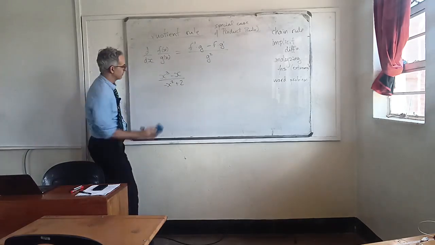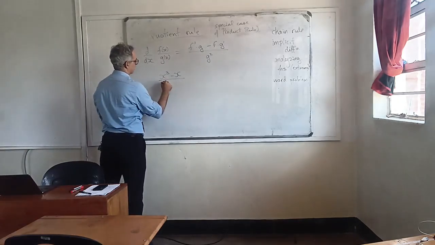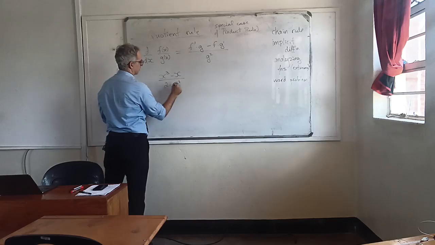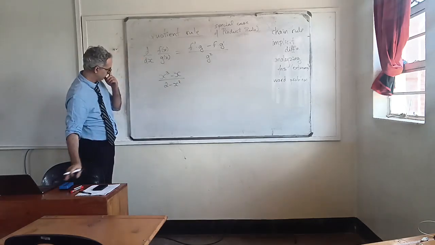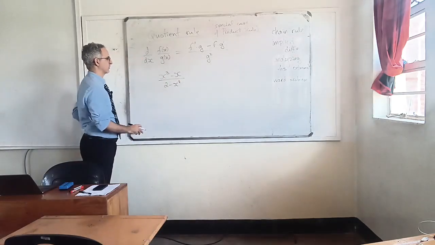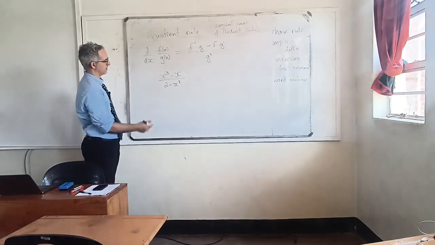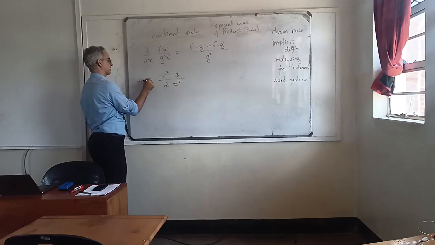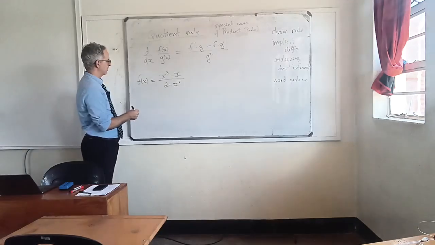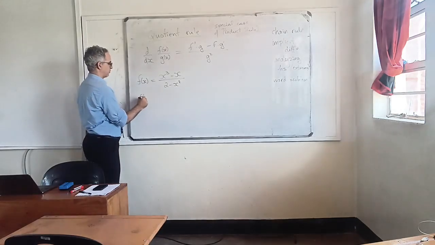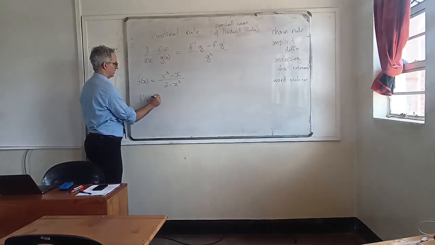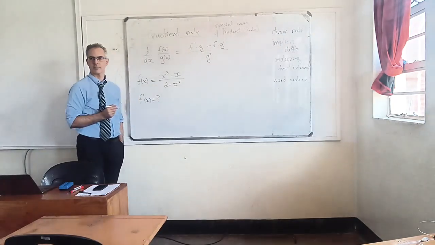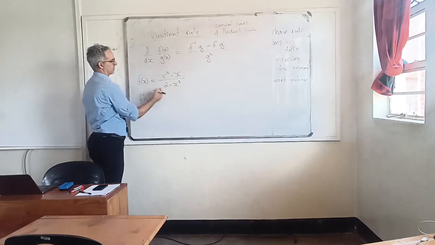In fact, I could even write it the other way. 2 minus x squared. Just looks a bit cleaner. Same thing, just written a different way. Right? So suppose you're given this. Someone says, this is f of x. And they ask, what is f prime of x? That's the question. What is f prime of x if this is f?